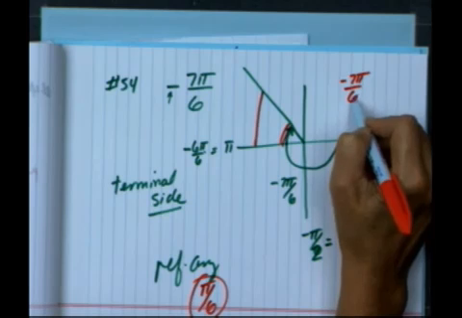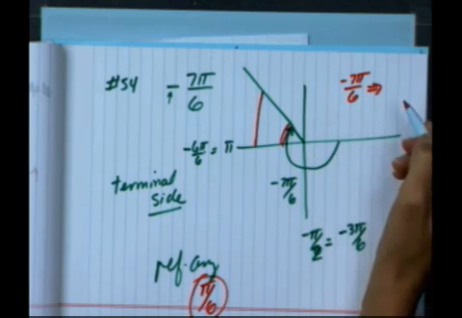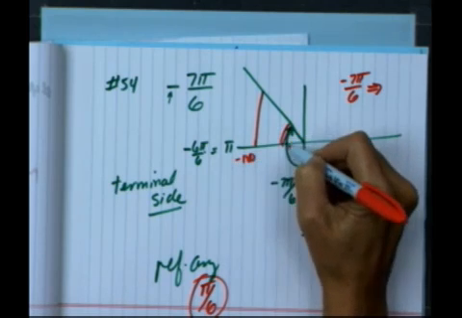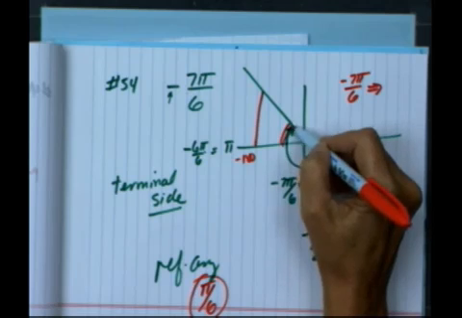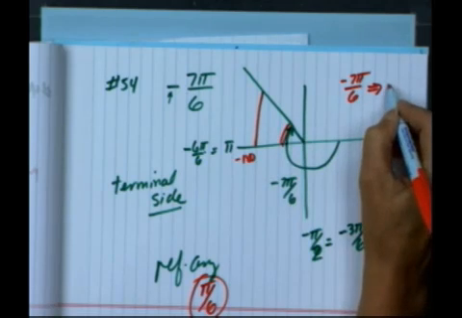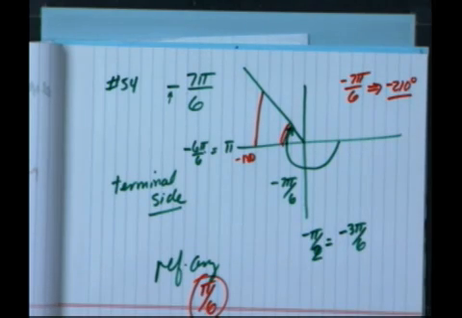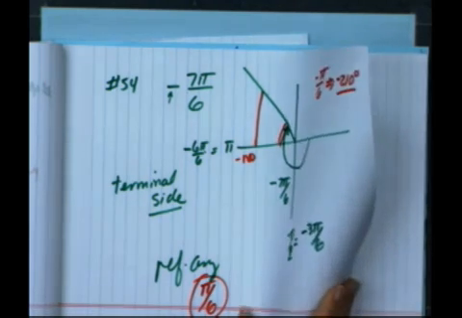Negative 7 pi over 6 in degrees is what? Okay, you got negative 180 plus negative 30, because pi over 6 is 30, so negative 210 degrees. Exactly. Does everybody see how you're counting these? All right, that was number 54. Let's go to number 72.